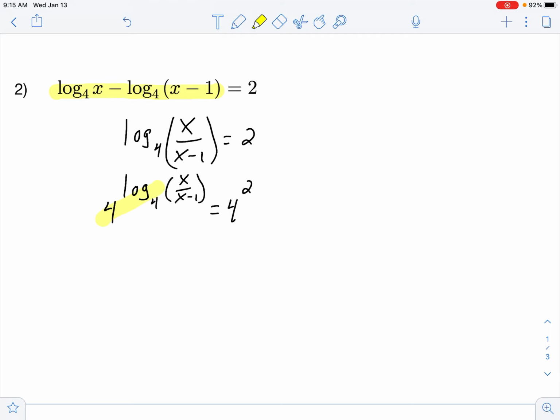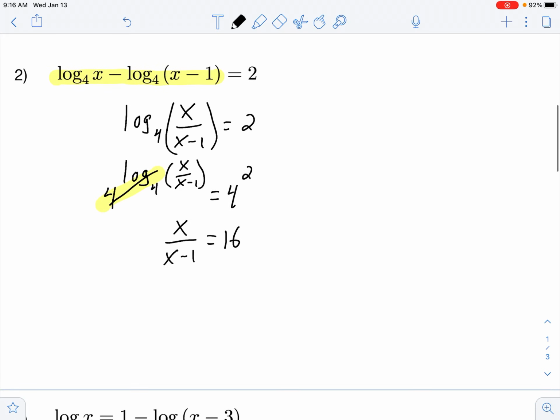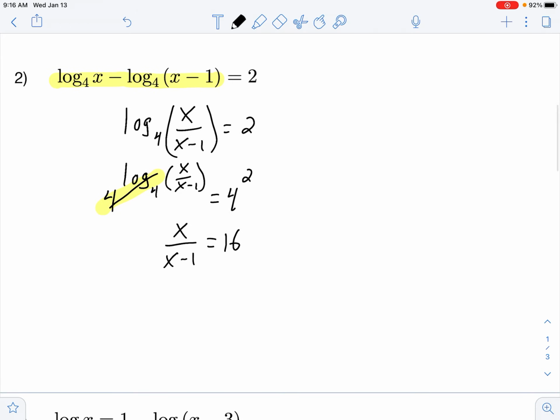And of course, this will go away, they undo each other, and I wind up with x over x minus 1 is equal to 4 squared, which is 16. Now from here, I'm just going to solve. I can multiply, because now the log is gone, and I get x is equal to 16 times x minus 1.